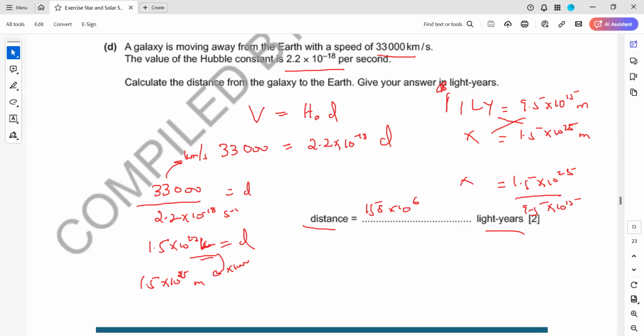It will take approximately 157.5 into 10 to the power 6. Okay, that's fine.